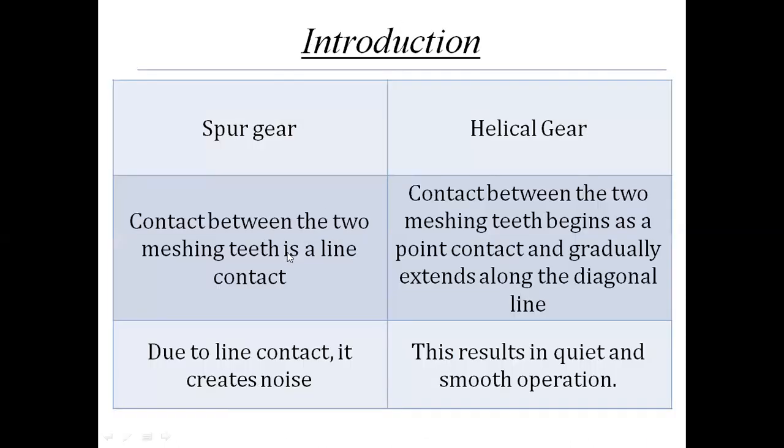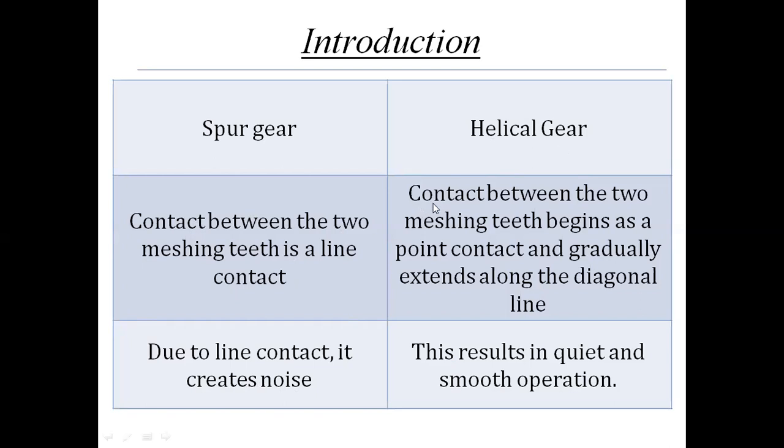So due to the line contact, the sudden impact of teeth of pinion will be meshed with teeth of gear. Due to the sudden impact, the operation of spur gear is noisy. It creates noise. But in case of helical gear, that problem is rectified.